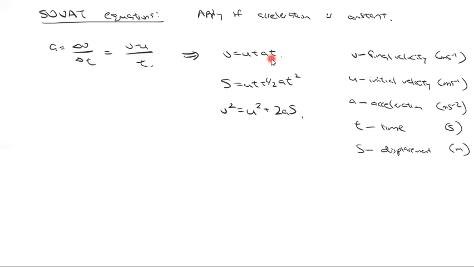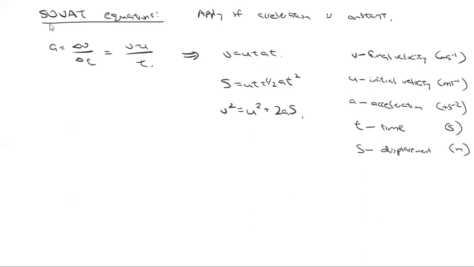If you want to find t, you would never use the one that doesn't have t. Picking which equation to use should be quite simple once you've read the question and determined what information you've got.